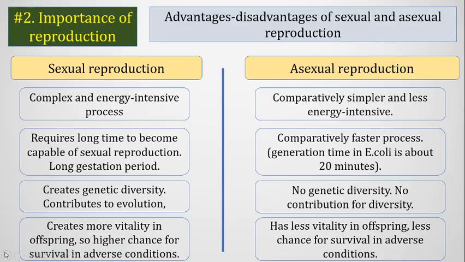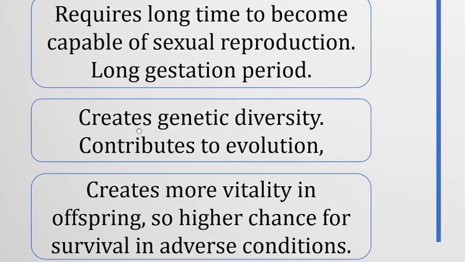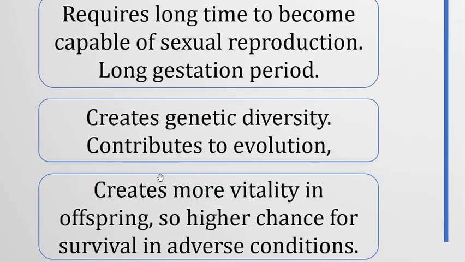And also in sexual reproduction, the organisms produced are heterozygous. They obtain different heritable traits from the mother and from the father, so that produces much more vitality in the offspring. The offspring are not totally identical to each other, so they are somewhat different in characteristics.